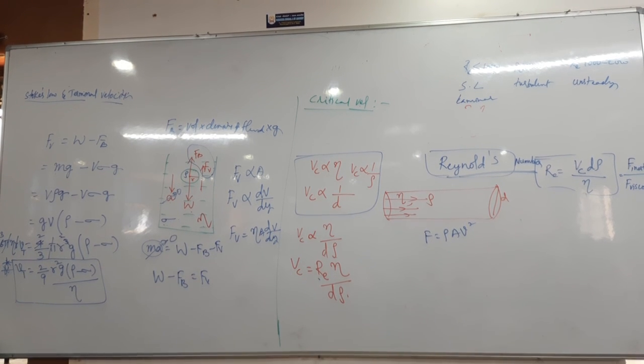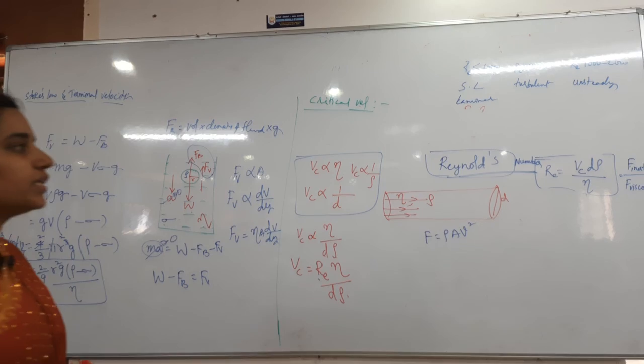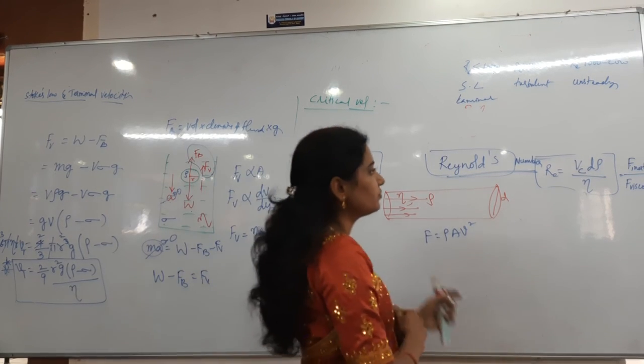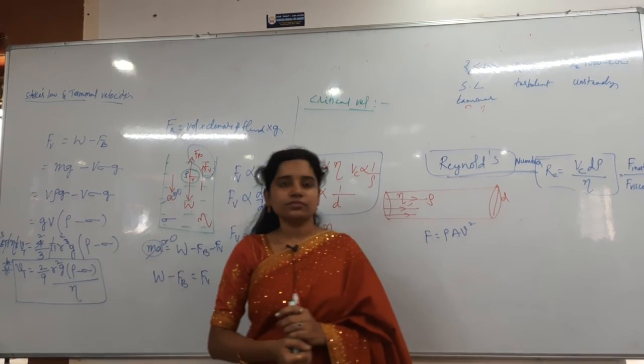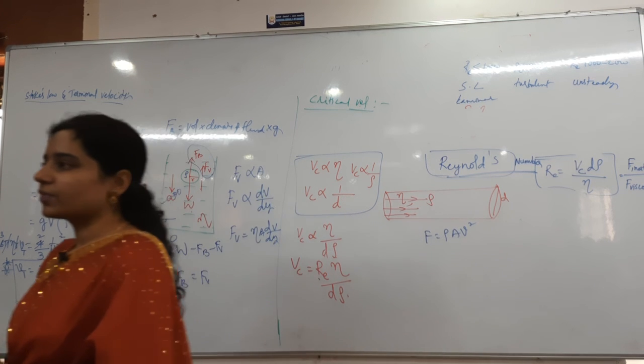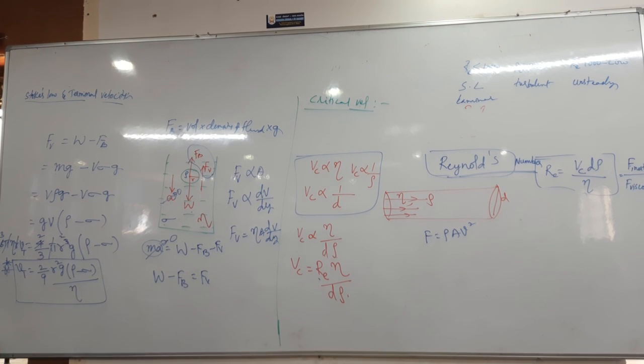Write that formula: Re is equal to Vc D rho by eta. Write that formula also: F inertial divided by F viscous.